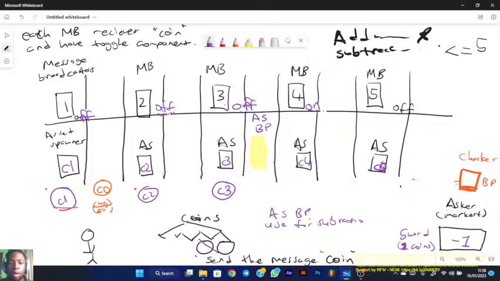If we go to our market, we now have 3 coins and we buy maybe a shield worth 3 coins, that is -3.